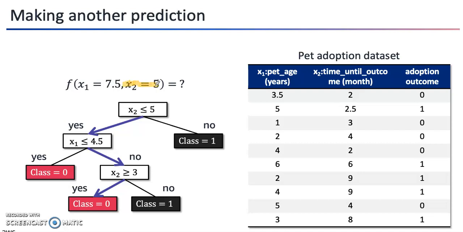With this value of x2, we would say, okay, x2 is not less than 5, so we go along this branch. The value of x1 is 7.5, which is not smaller than 4.5, so we go along this side. Then we take a look again at the value of x2, which is 5.